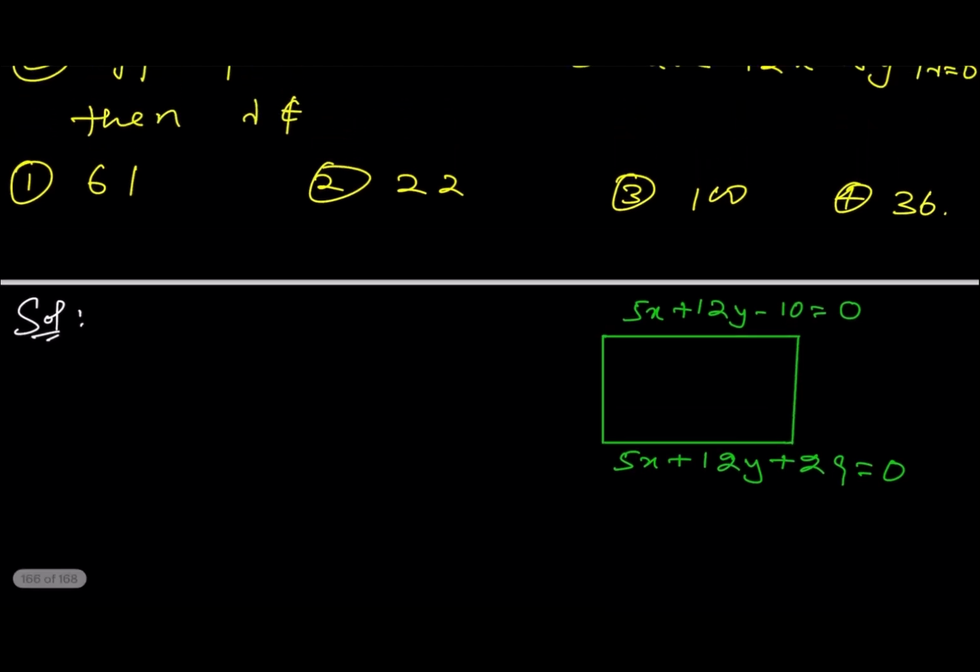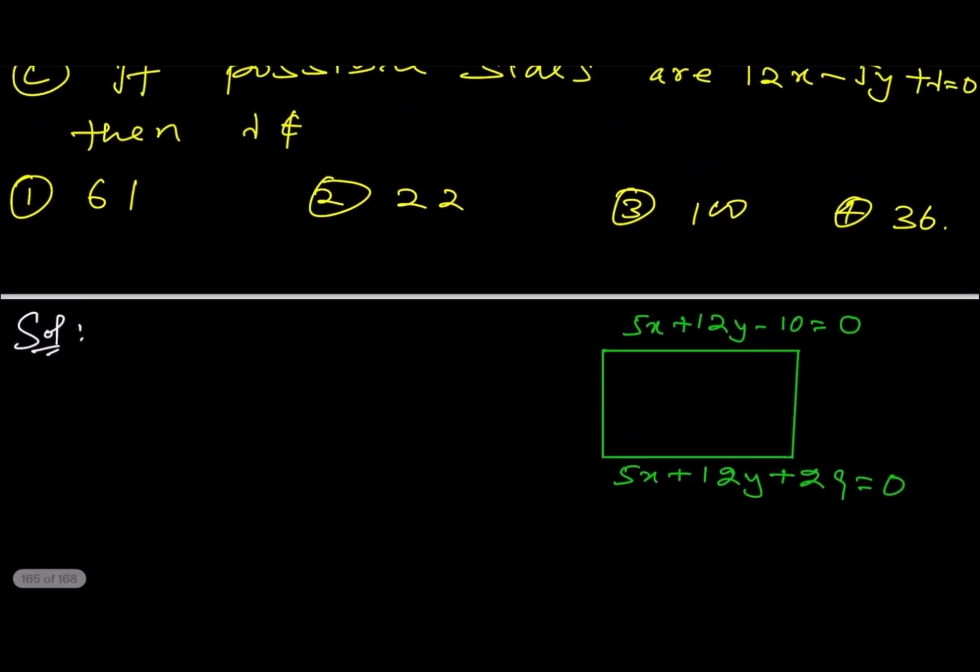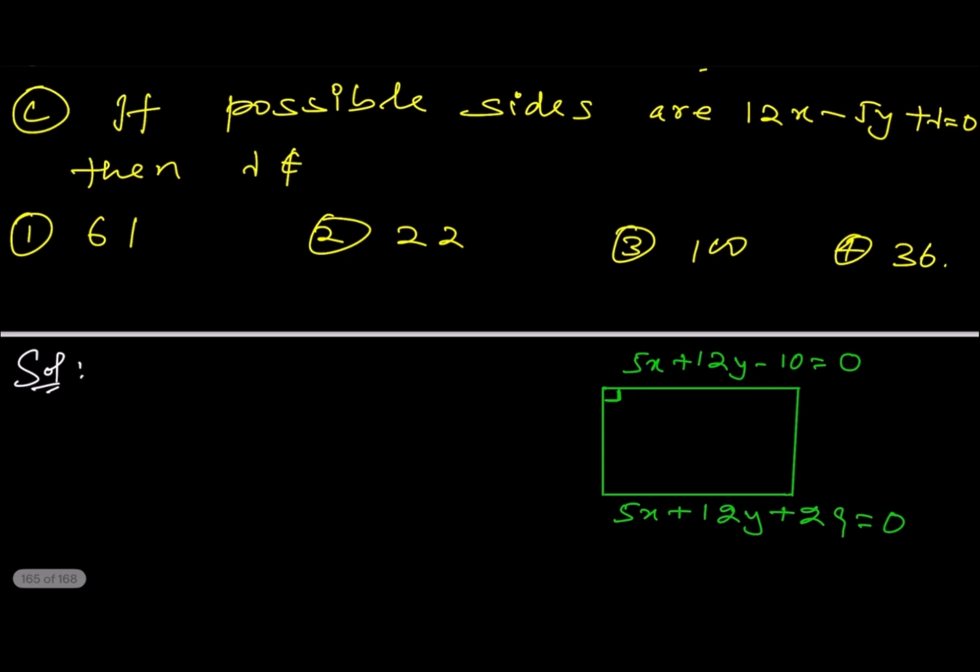Now we know very well adjacent sides are perpendicular in a square, so we can write the equation. Let's say this side is 12x minus 5y plus lambda is equal to 0.